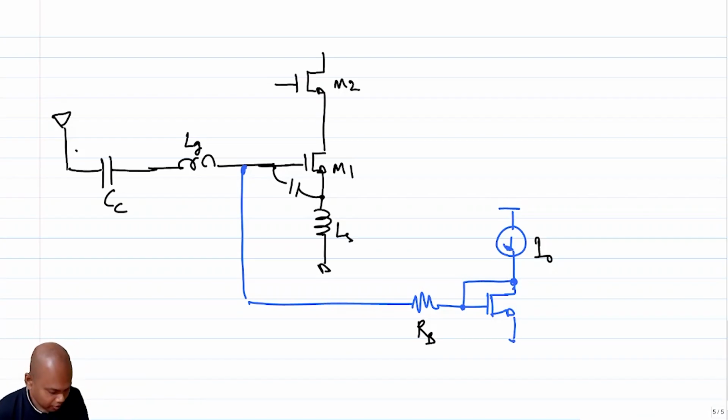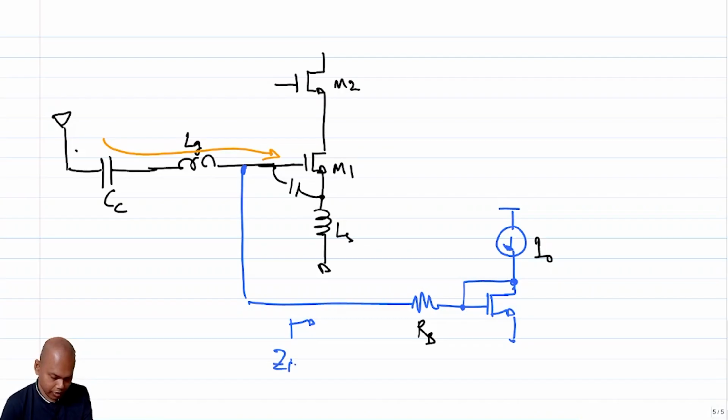You do not want the small signal current that is coming in to go through RB; you want it to go through this path. So you would want to ensure that RB is much higher than the impedance looking in.